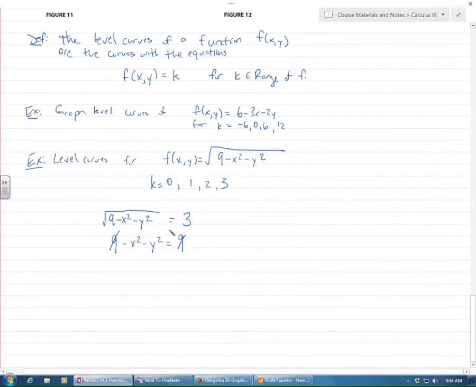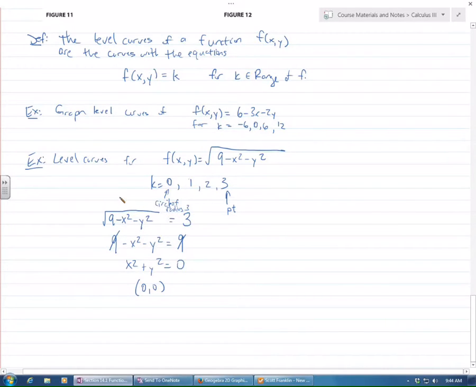The 9's cancel, you move those to the other side, x squared plus y squared equals 0. And the only way for that to happen is (0, 0). So this one right here is just a point. This one right here should be a circle of radius 3, if you do those level curves.